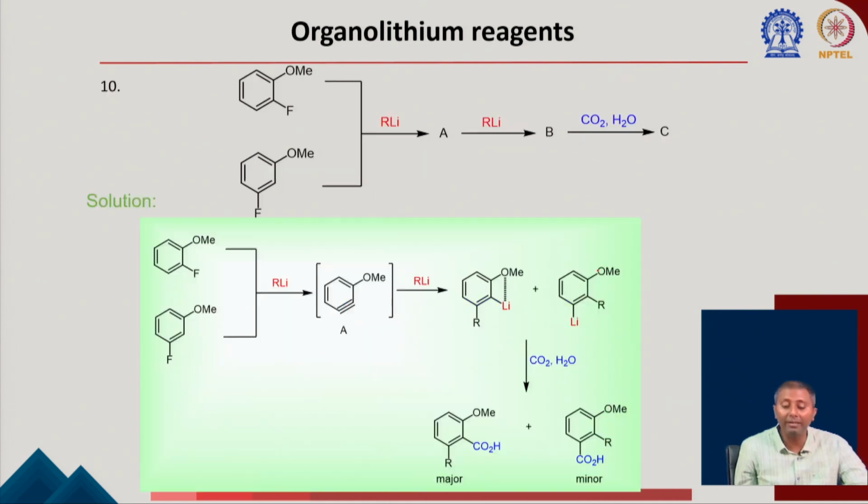This question is pretty interesting. You start with this particular compound where you have a fluorine and a methoxy, in the 1,2 position versus the meta or 1,3 position.